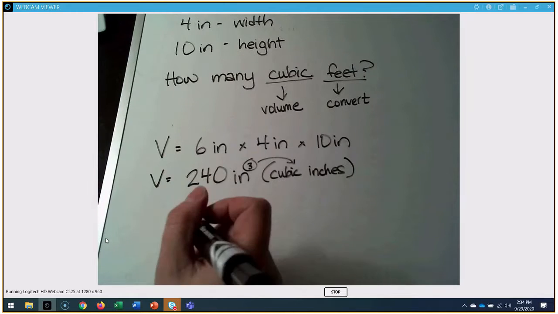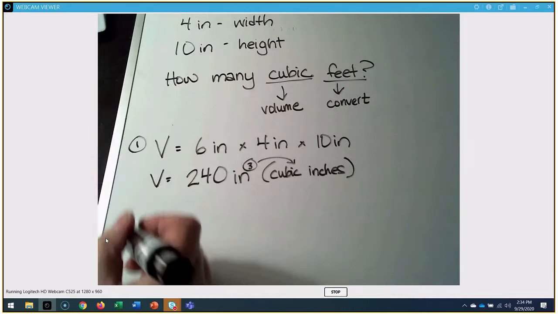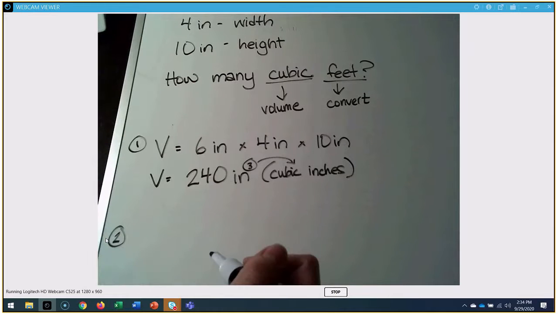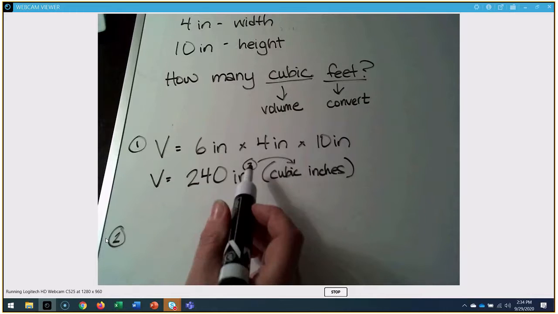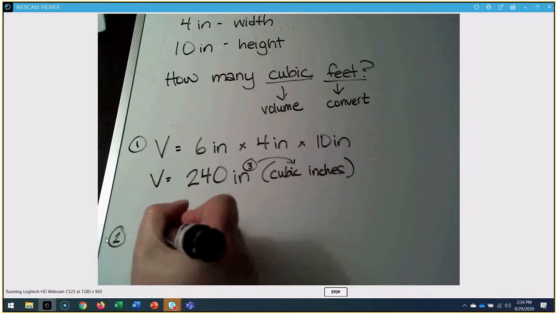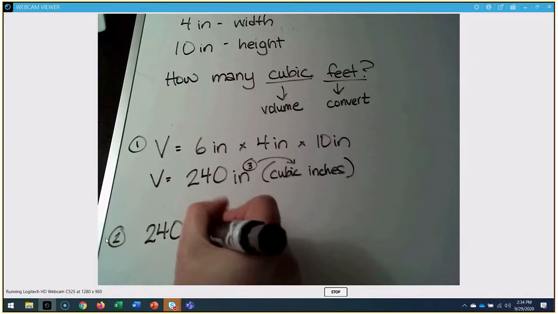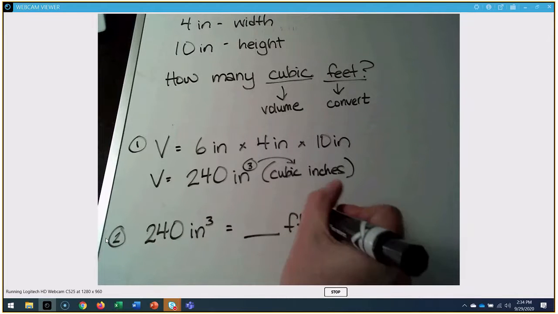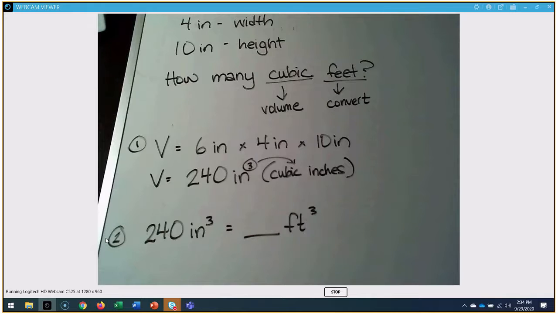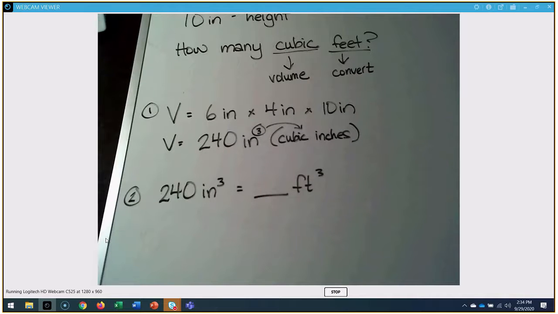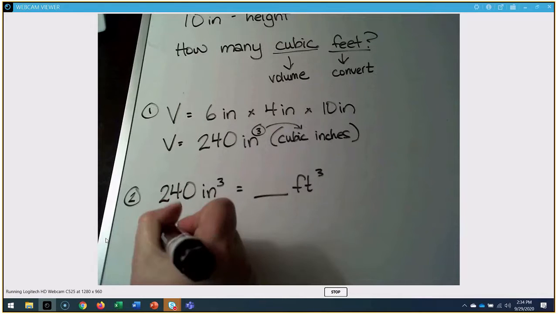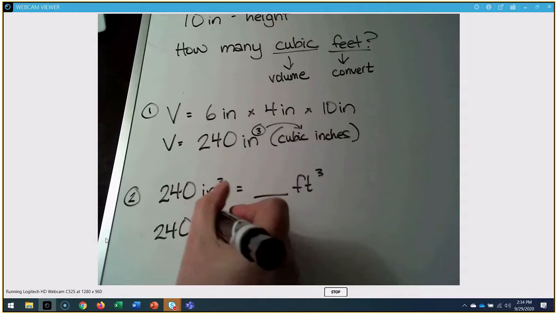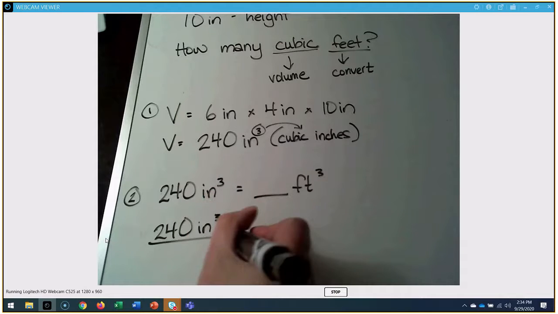So next, we're going to convert the 240 cubic inches that we had to cubic feet. Okay, so if I do this with a proportion, as I mentioned before, I'm going to take my starting unit and put it over what I want.